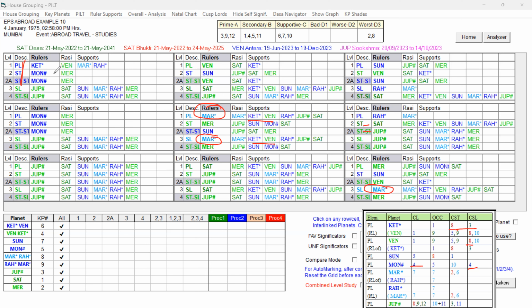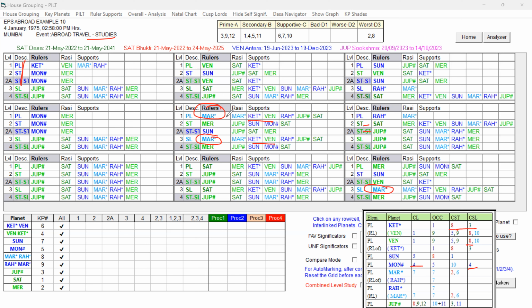So that color has been given as the event is for studies, no? That is the reason it is supportive for the studies, given blue. Otherwise, we would have given light red or pink. So because of Mars and Ketu, he returned to the homeland.